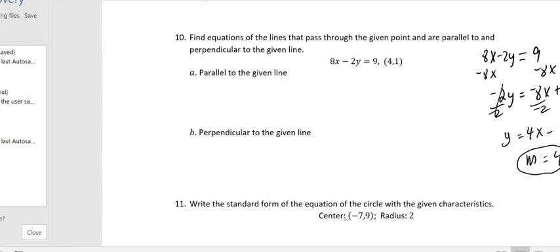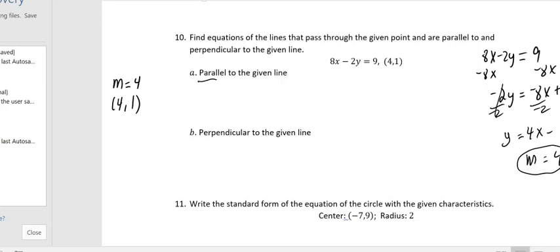So now for parallel, you want to ask yourself, if it's parallel, do I use the same slope or is it going to be different? Parallel lines have the same slope. So I'm going to write here, we're going to have m is equal to 4, and then we're going to use the point that they give you, 4, 1.